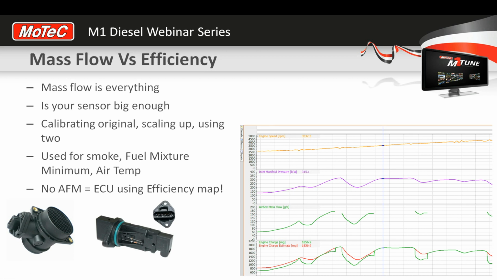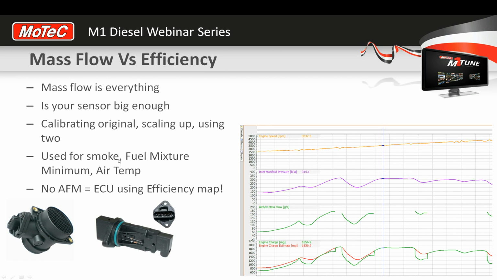Just to cover off why, I think you understand why and how the ECU uses this sensor, but again, just to reinforce, it's using that engine charge estimate channel on the vertical axis of the fuel mixture minimum table, and that table is the one you'll end up using, I'd suggest, to control your smoke.